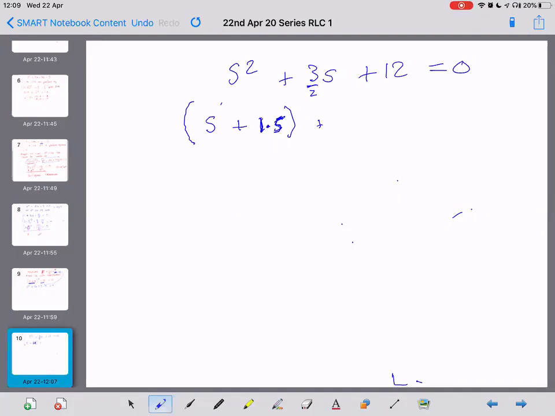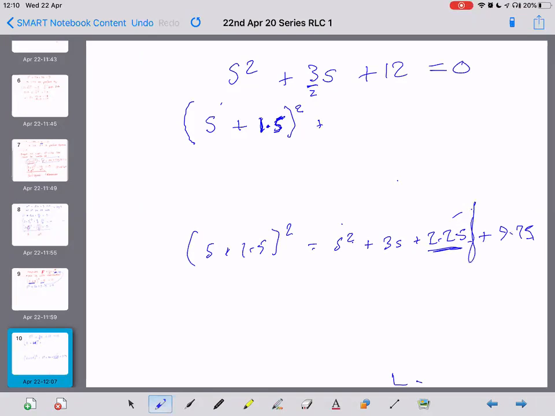And then we know that if we multiply out s plus 1.5 squared, we get s squared plus 3s and 1.5 squared equal to 2.25. But we want 12. So to make this 12, we had to add 9.75.